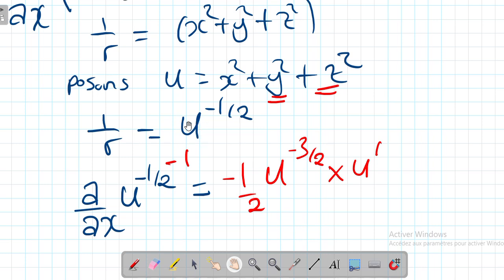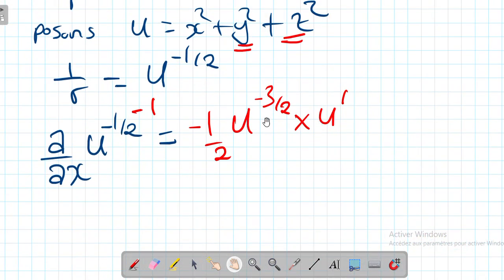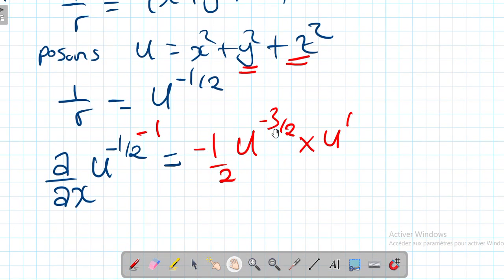But since u is another function of the variable that you are differentiating with respect to, you just multiply by u prime. Then what is u prime? The derivative of u, which is u prime. You already have u, so you just find the derivative of u.